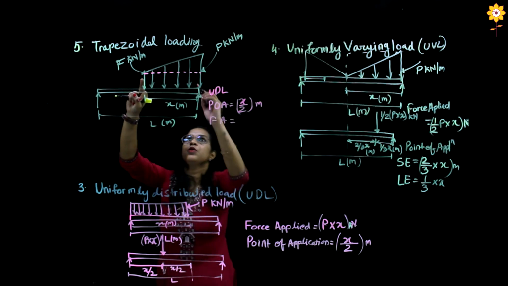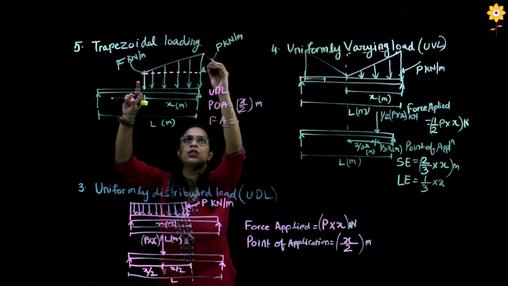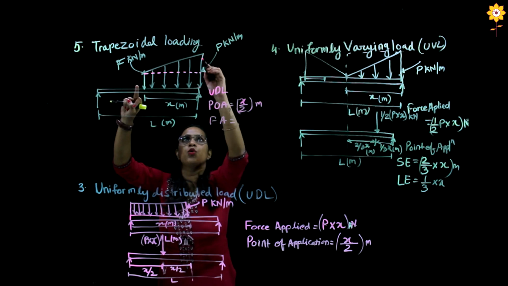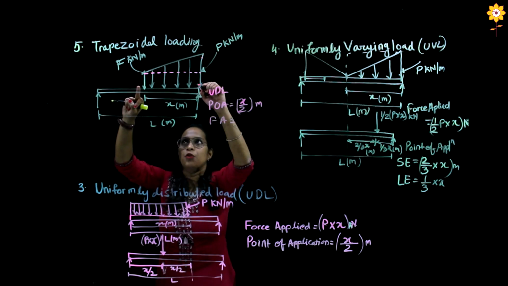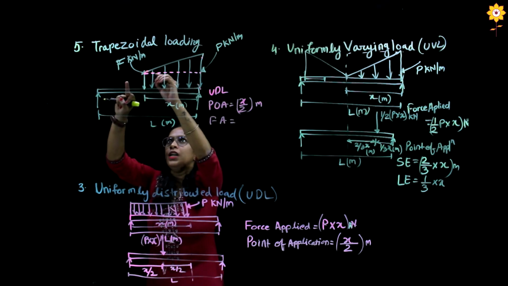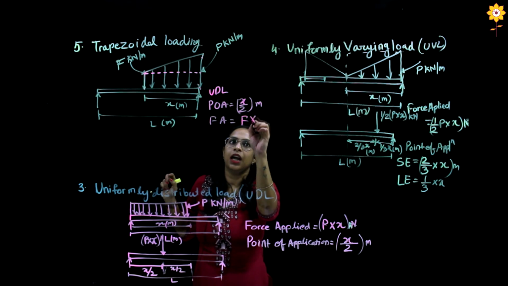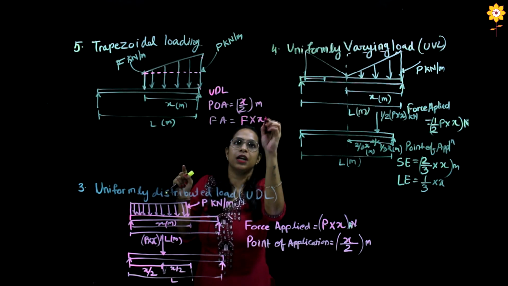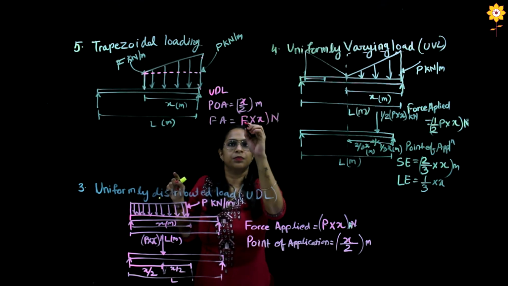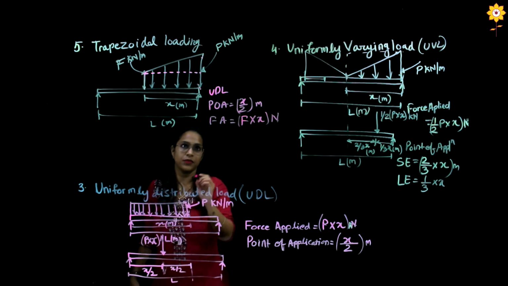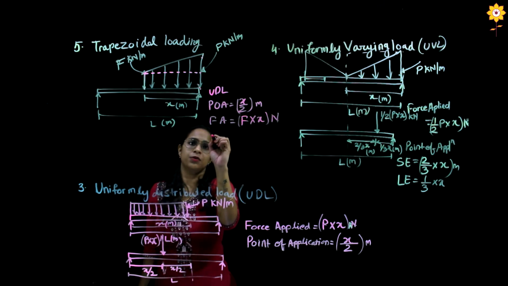Here, if you see this part, this force is divided between both types of loading, but the point of the UVL is only at the top, and the whole thing below is UDL. So we'll consider F into the distance over which that force is placed. Next we'll solve for the UVL.